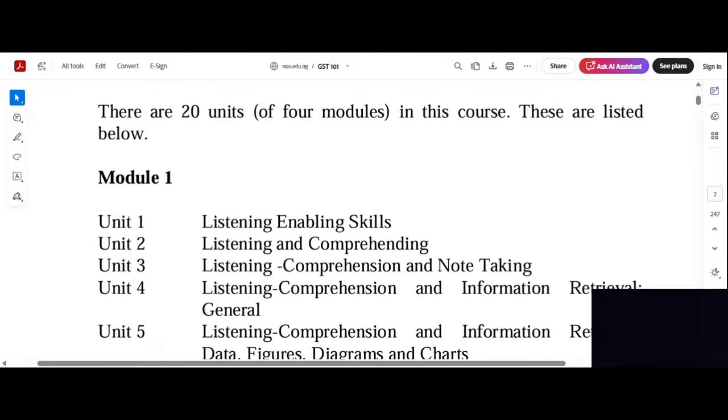One is listening: how to listen, what you listen to, skills required in listening, and so on. By the time we are done with this course in 100 level first semester, every one of us should be a good listener. When someone is speaking, maybe a lecture, a church sermon, an admonition from an imam in the mosque, a seminar, or anything, you should be a good listener.